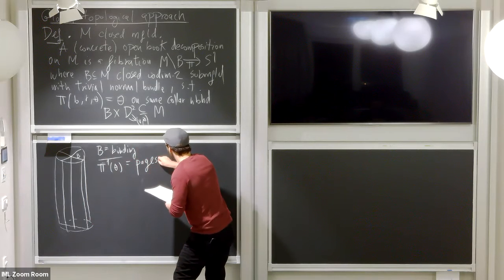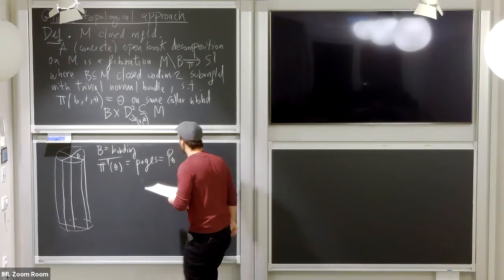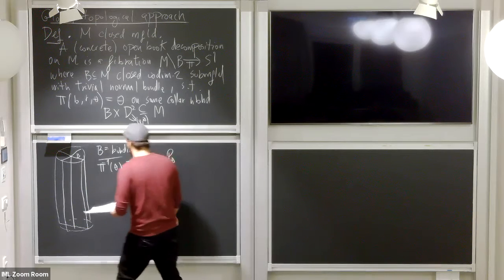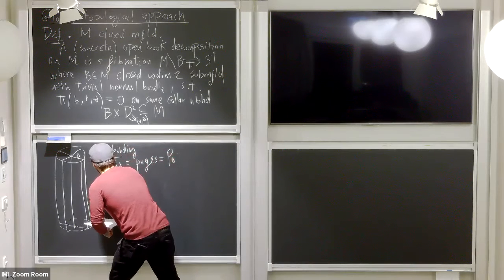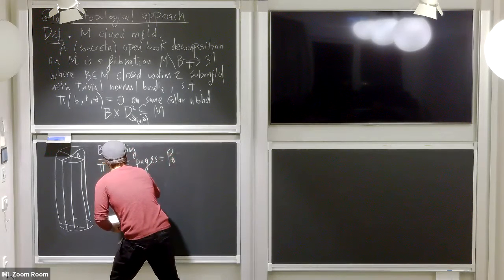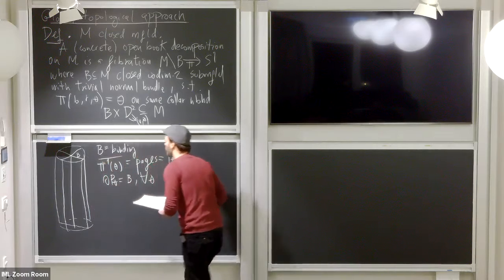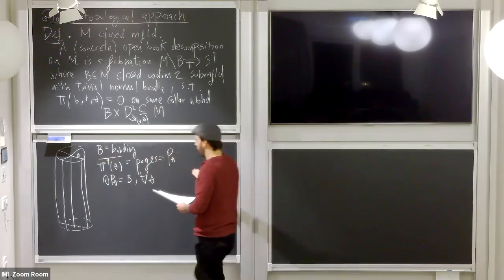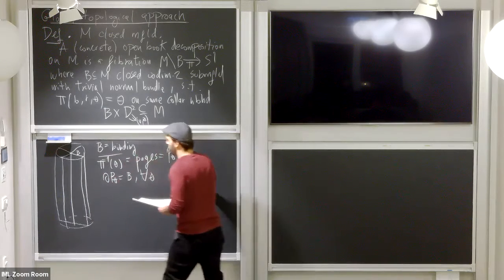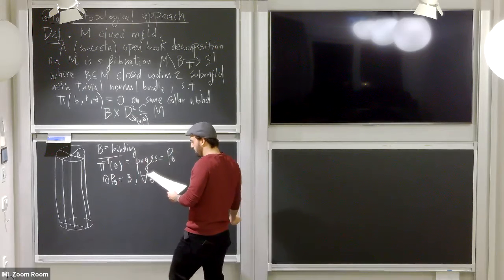This is denoted P theta, the theta page, and the boundary of P theta is always B for every theta. So that's the local picture around the binding.